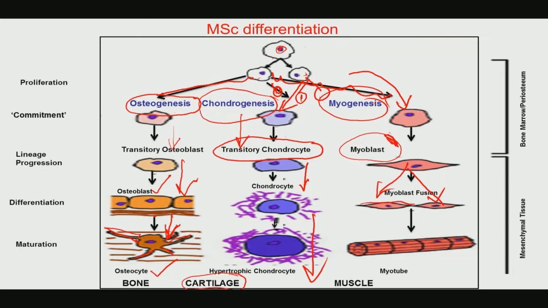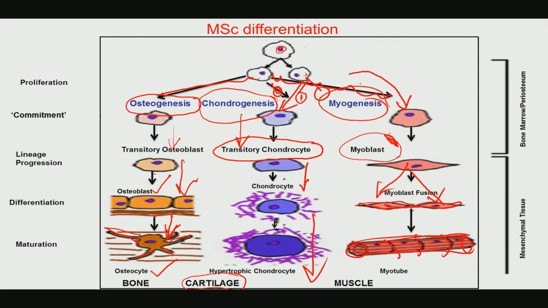The spindle shaped cells can fuse and form a myotube. This myotube has a larger length and a specific aspect ratio, and that forms smooth muscle cells. So, along these three lineages, I repeat: osteogenesis, chondrogenesis and myogenesis.